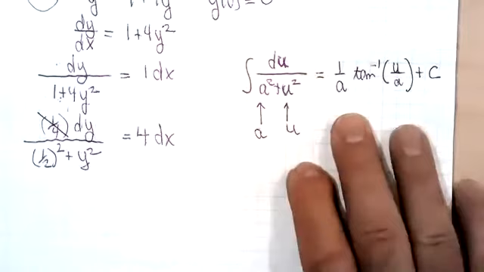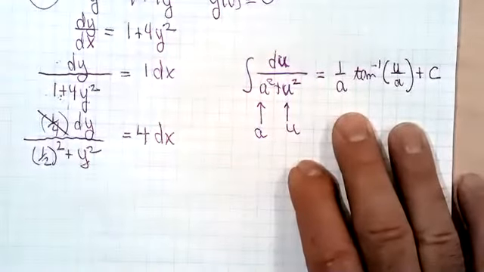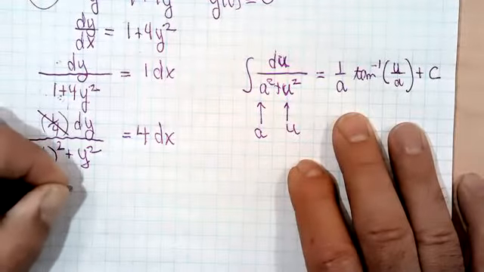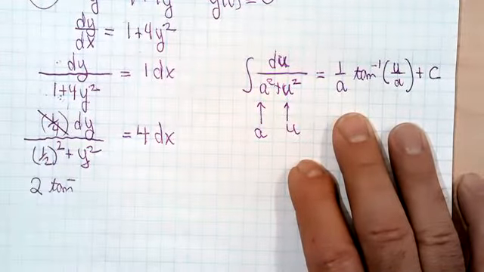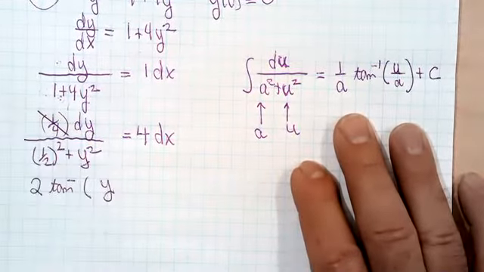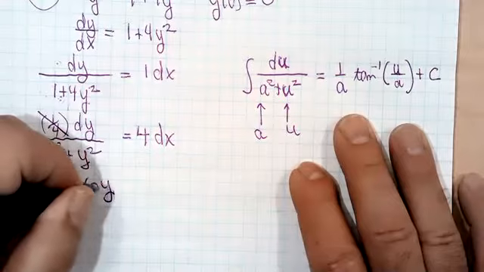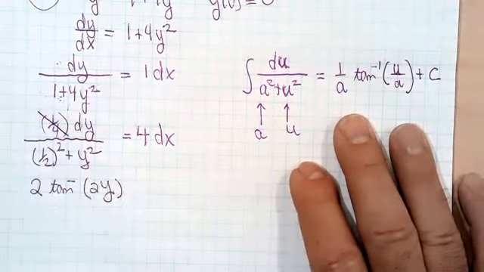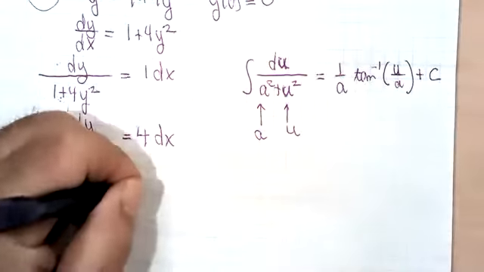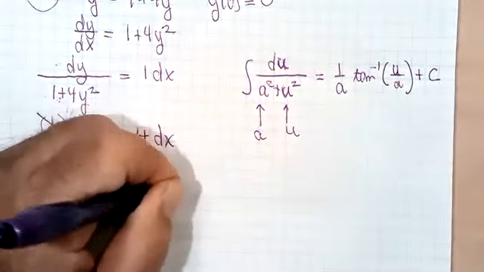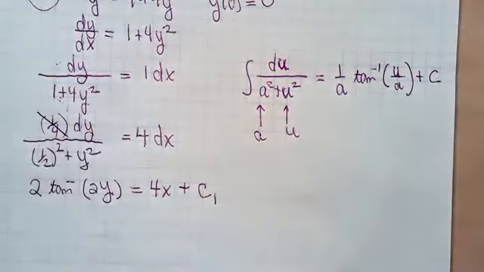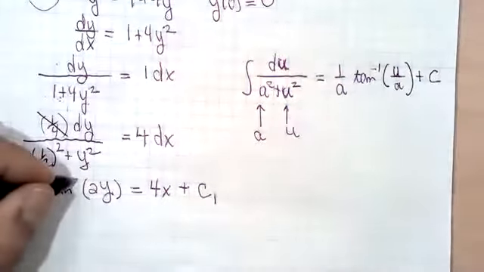So the formula says I have 1 over a, so 1/2 is 2. Arctangent u over a, well, u is equal to y. Dividing by 1/2 is the same as multiplying by 2. And then when I take the antiderivative of 4 with respect to x, I get 4x and our ubiquitous constant. I forgot the 1 in the arctangent.